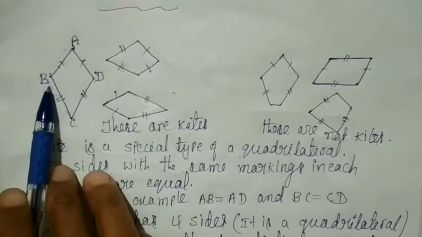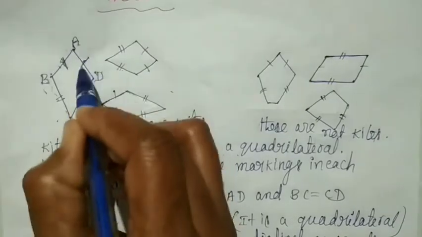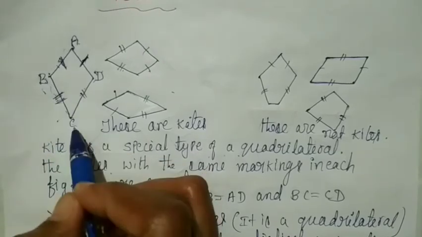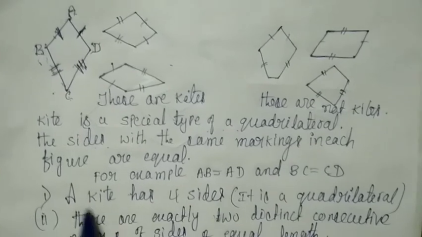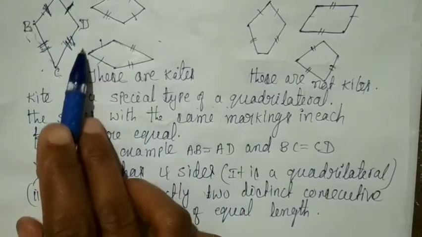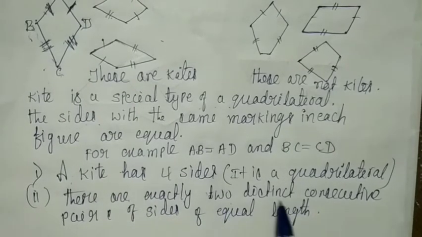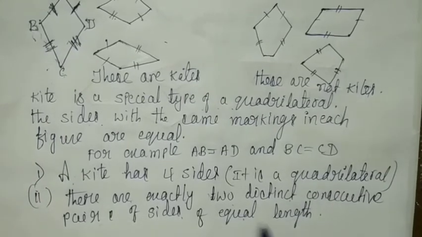Here we take AB is equal to AD, same marking, and BC is equal to CD, double marking. So a kite has four sides. It is a quadrilateral. There are exactly two distinct consecutive pairs of sides of equal length.